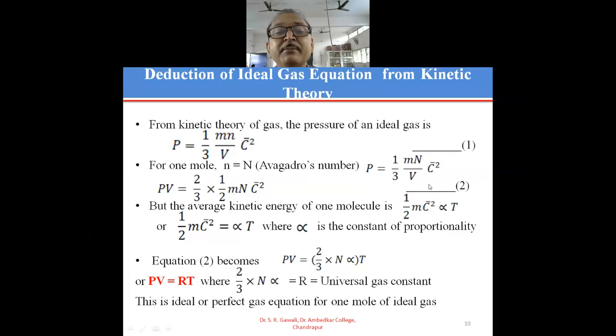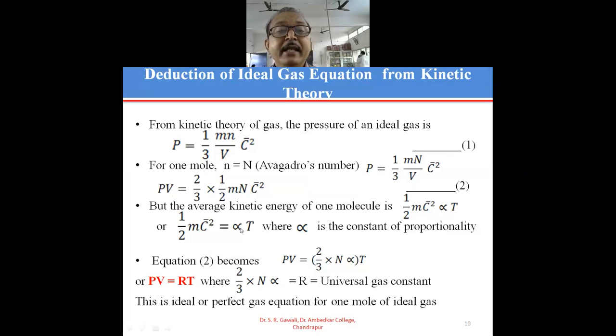This is equation number 2. Now we will cross multiply by V, then PV is equal to 2 by 3 into 1 by 2 m into N into c bar square.